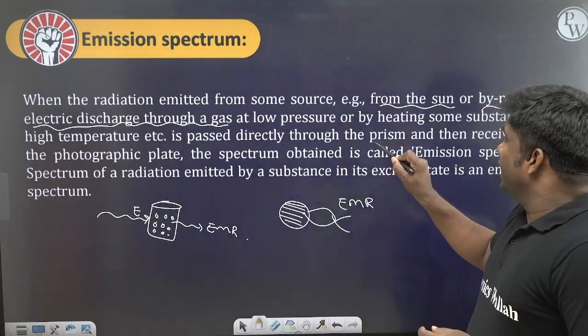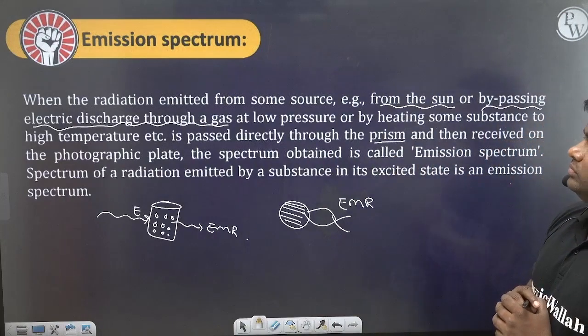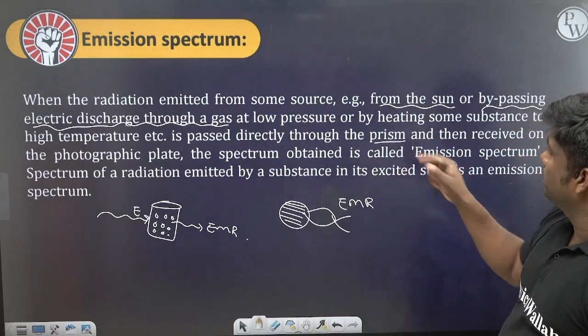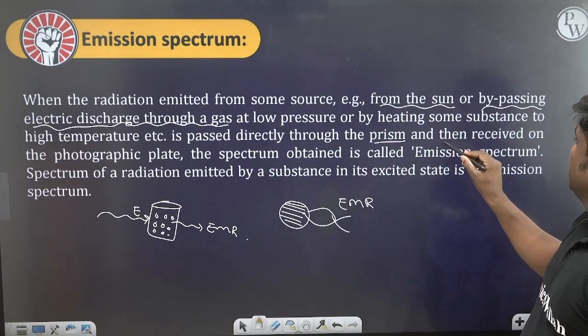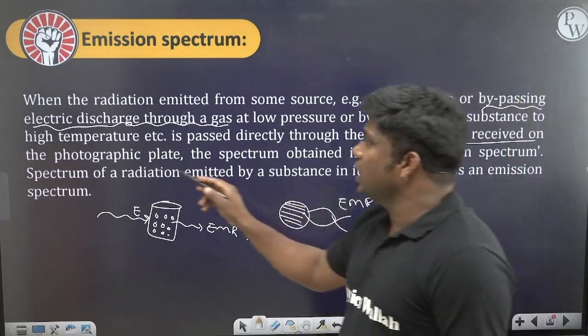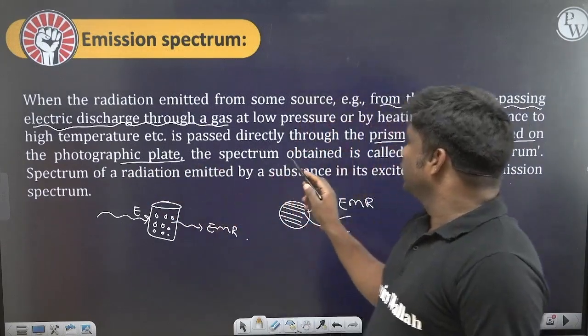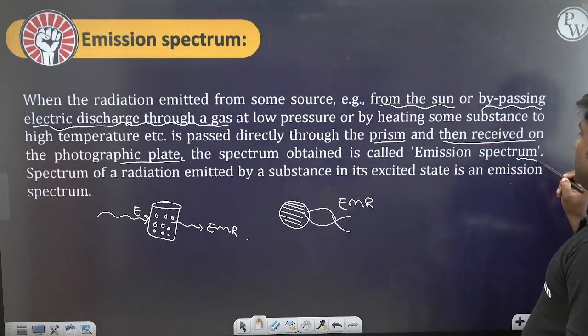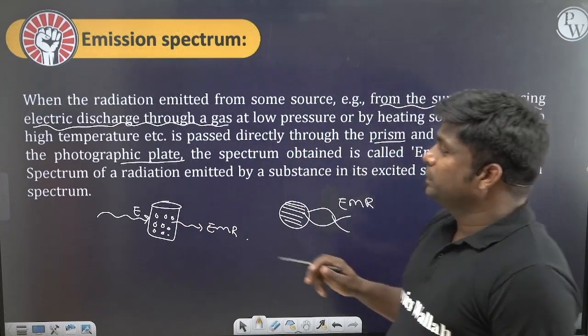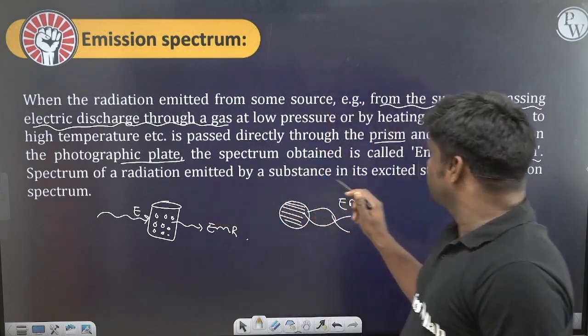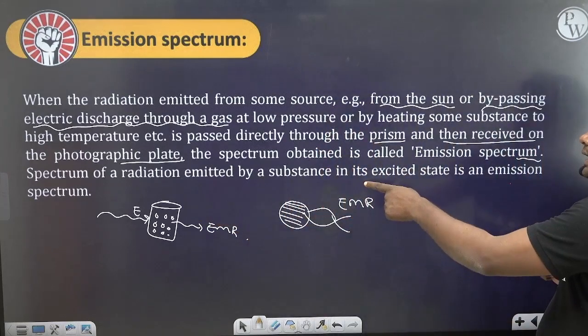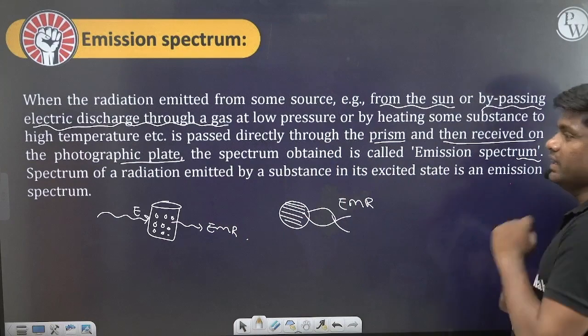if that radiation is passed through a prism, the radiation emitted here, if we pass it through a prism, then received on the photographic plate, the spectrum obtained is called emission spectrum. The spectrum of radiation emitted by a substance in its excited state is an emission spectrum.